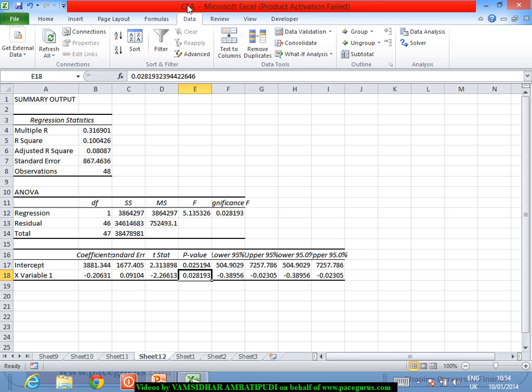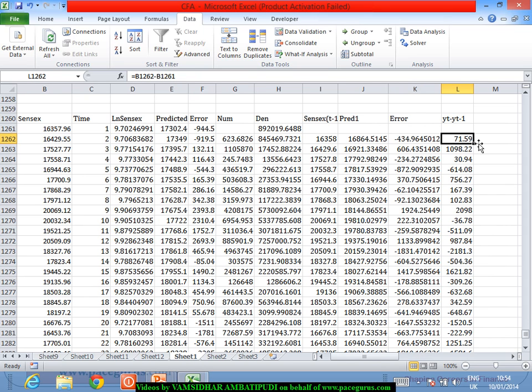I take the first difference, yt minus yt minus 1, as the dependent variable, and yt minus 2 minus yt minus 1 is taken as the independent variable.